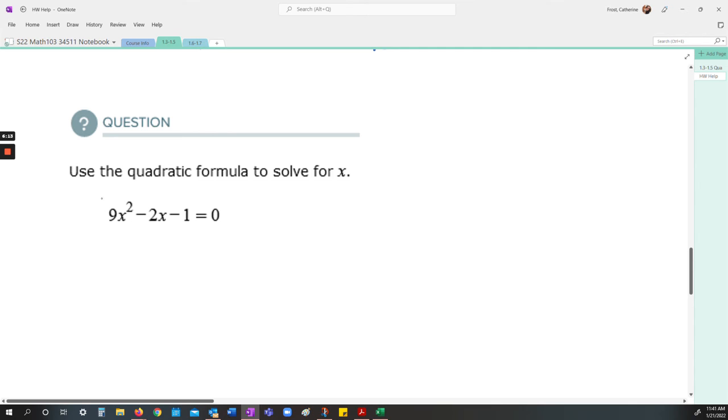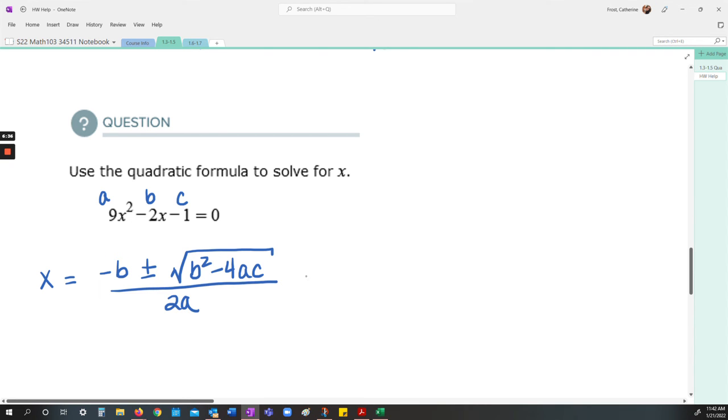Okay, so now, by the way, you could try seeing if this will factor, but it won't. So now A would be positive 9, B is negative 2, C is negative 1. So x equals negative b plus or minus square root b squared minus 4ac all over 2a.